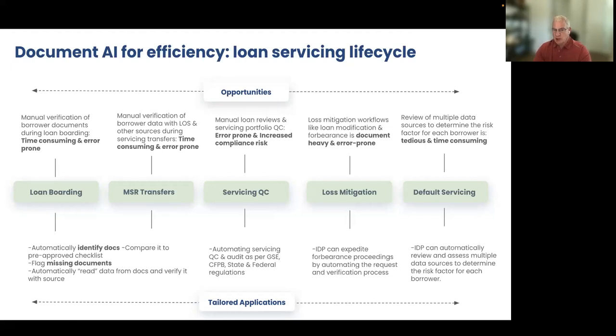Where we're moving to now is much more in the loss and default servicing areas, where we're able to pull information off of the origination packages in terms of what their financial situation was and what their current financial situation is. Then we use the AI to come up with alternative solutions.